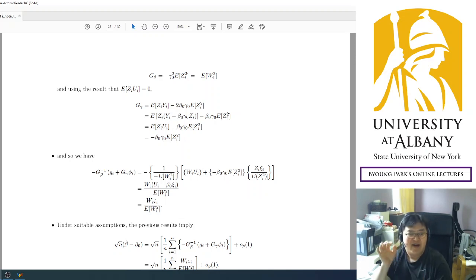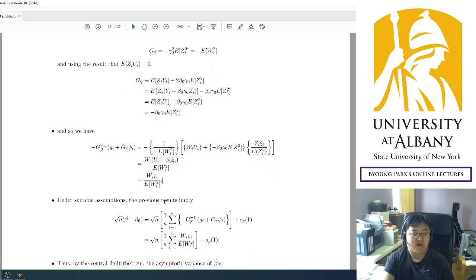Again, algebra is not difficult if you just fill the gap. There are many jumps and many gaps, so you have to see how they become this way in the end by yourself. Do the math, do the algebra by yourself. So anyhow, this is the final influence function for the second stage, the final estimator.